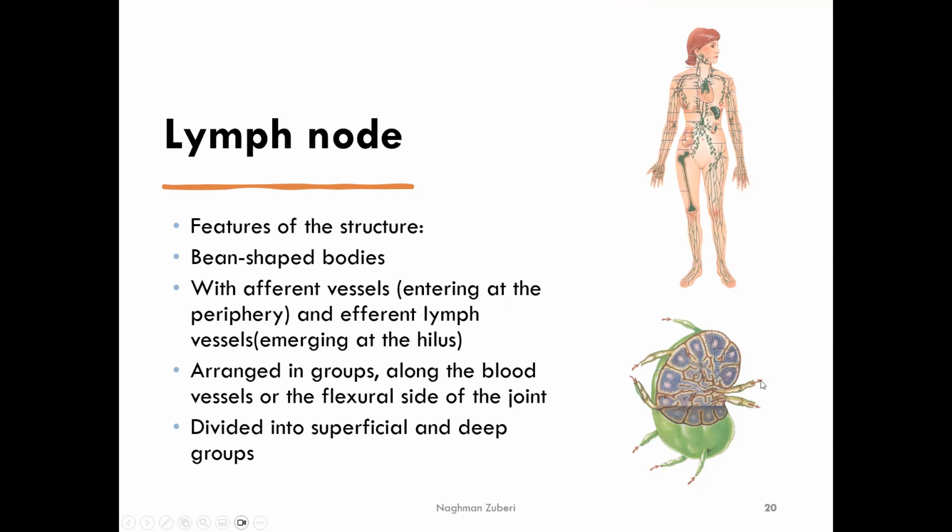As I told you, they could be draining into some lymph vessel, or they could be draining into another, taking the lymph to some other lymph node as well. So they are arranged in groups along the blood vessels or the flexural side of the joint, divided into superficial and deep groups.